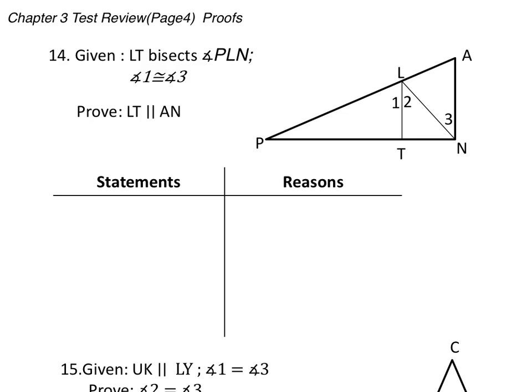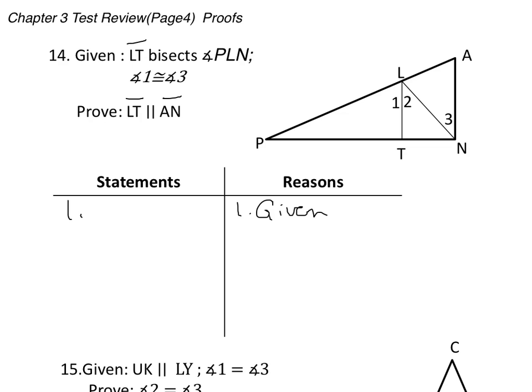Okay, now for your favorite part, this is where we're going to prove that lines are parallel. So our goal here is to prove that LT is parallel to AN. Well, we know that we have a few different ways to prove that lines are parallel. If we can show that alternate interior angles are equal, that'll do it. If we can show corresponding angles are equal, if we can show same side or supplementary.